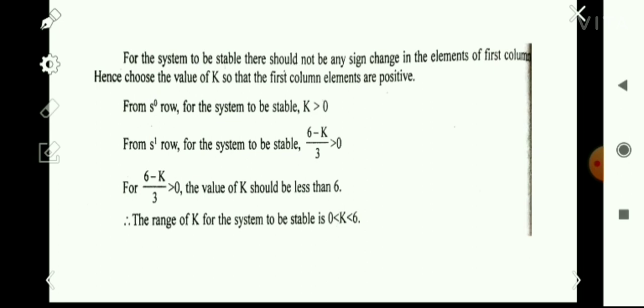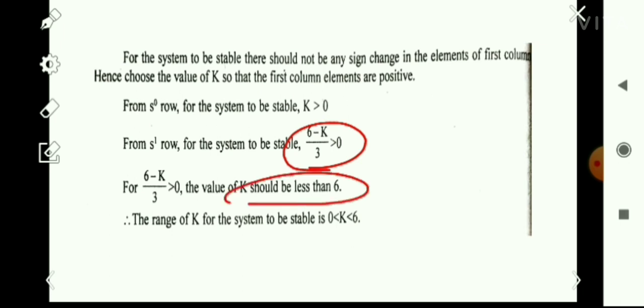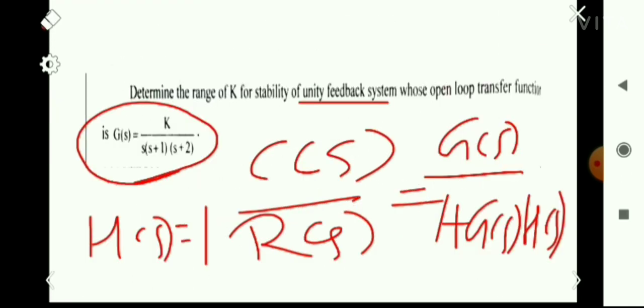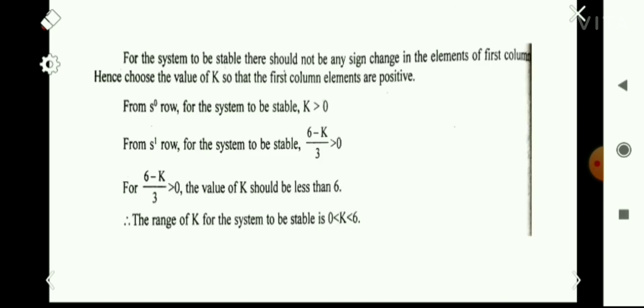You can see here, on the s raised to 0 row, k should be greater than 0, and for the s raised to 1 row, (6 minus k)/3 should be greater than 0, which means k should be less than 6. The range of k for the system to be stable is 0 less than k less than 6. So that's our solution for the system given. I hope the question is also clear. So thank you.